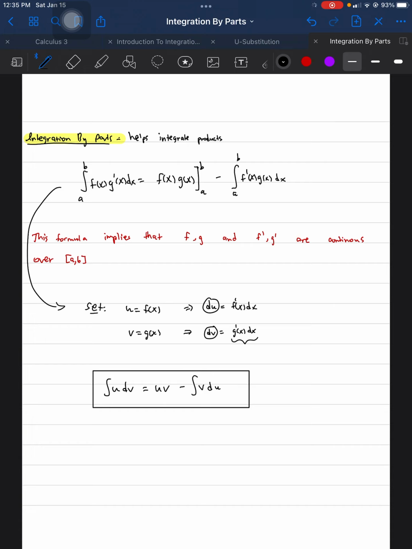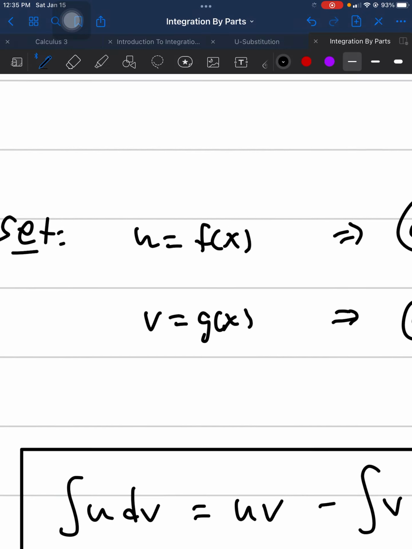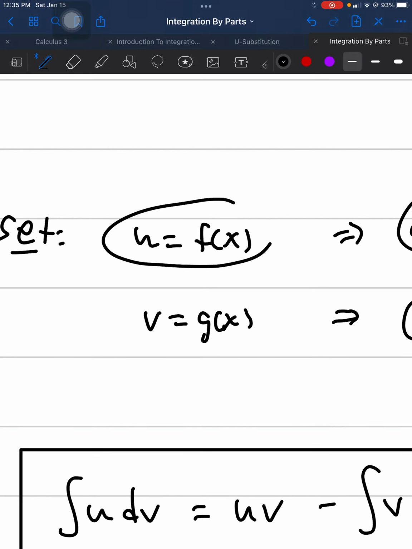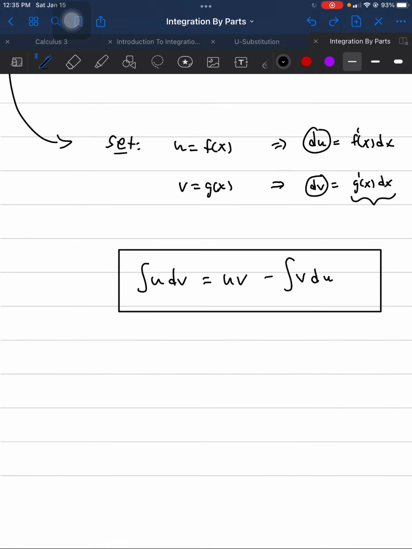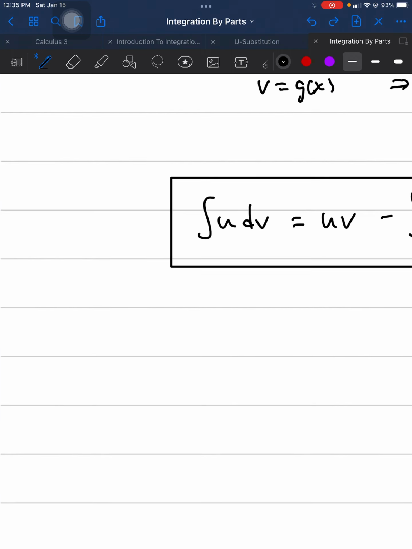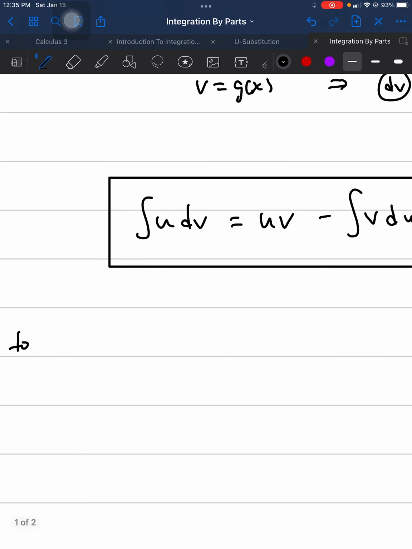And actually, there's one more thing that can get confusing in integration by parts, and that could be determining what you're going to use as u and what you're going to use as v. An easy method to determine that is a method called LIATE. So let's write that here.